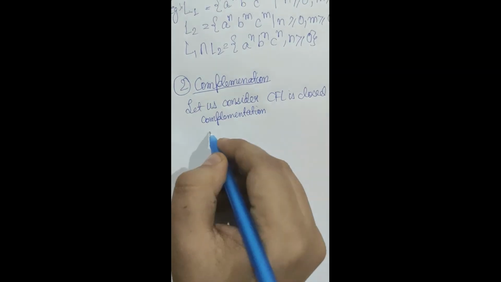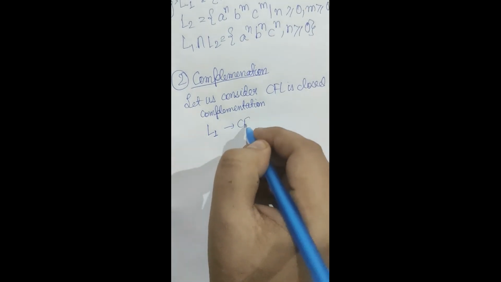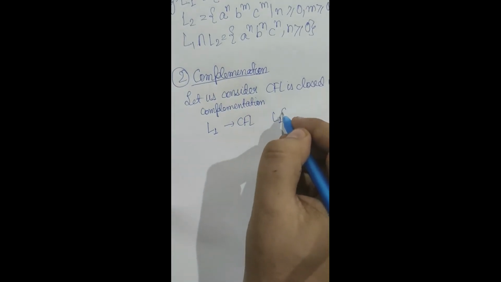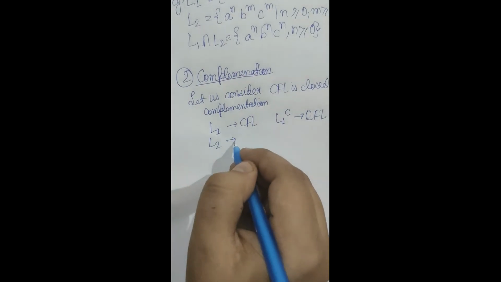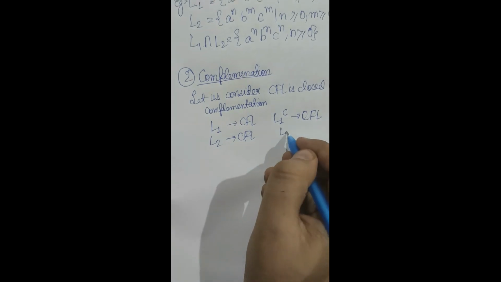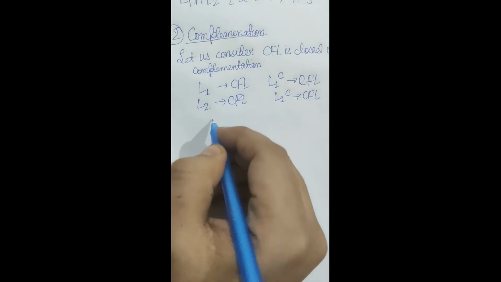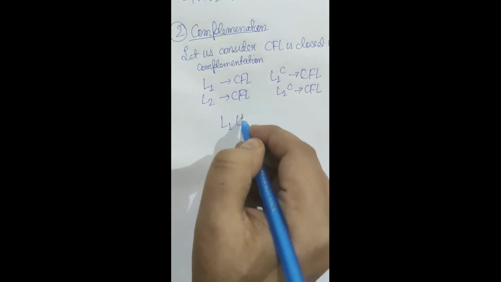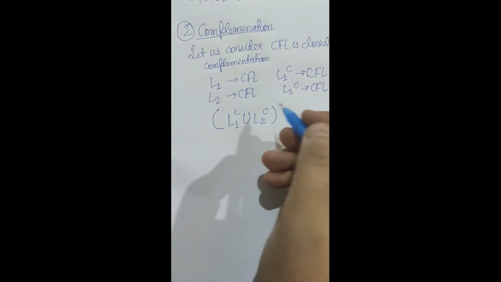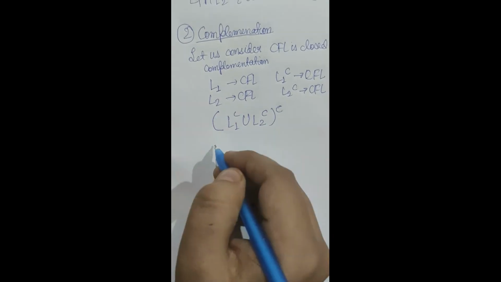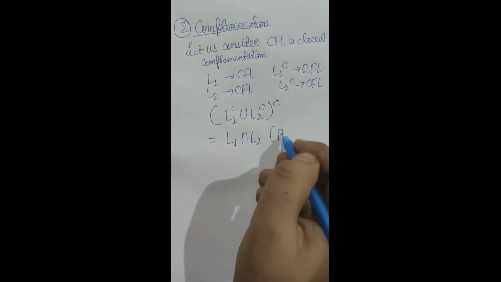So if L1 is a context free language, L1 complement will always also be a context free language. If L2 is context free, L2 complement should also be context free, and so their union should also be context free, and its complement should also be context free, which is L1 intersection L2 by De Morgan's law.